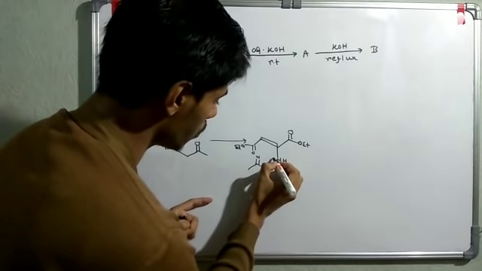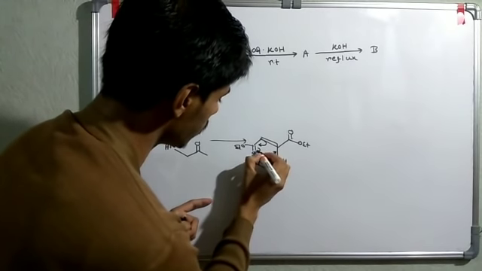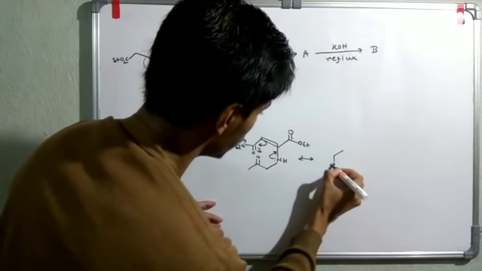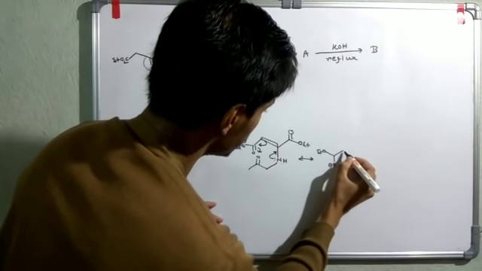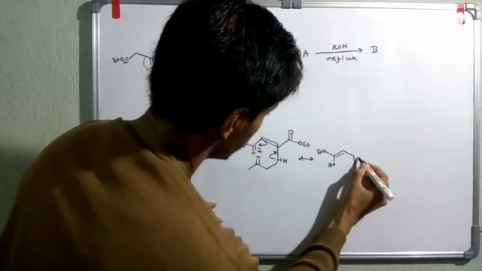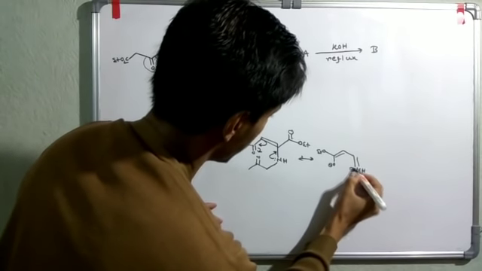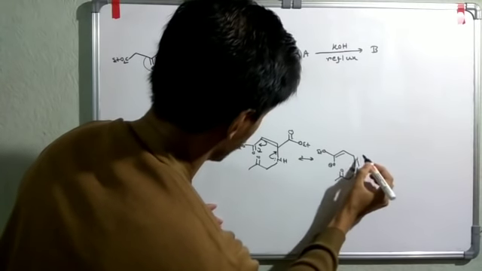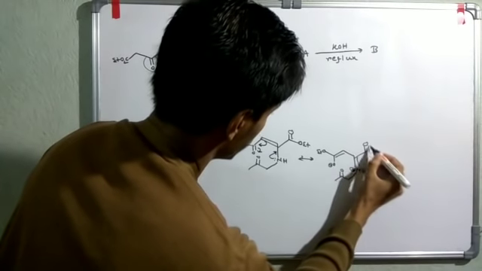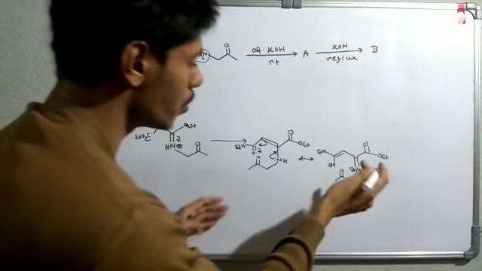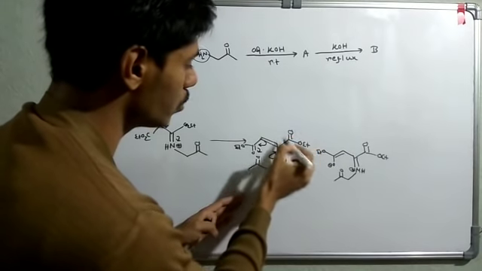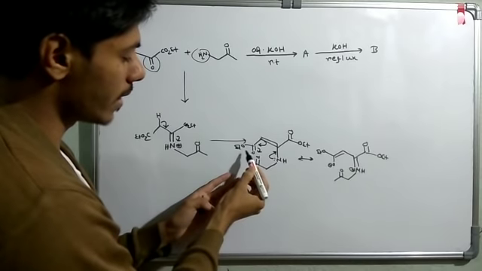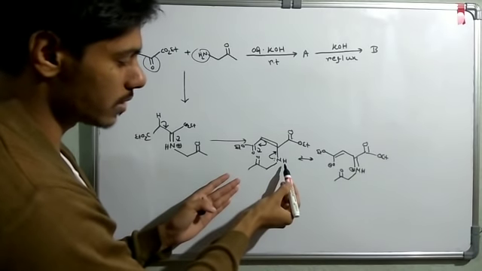Because you can push a lone pair like this into this ester, so it will have a resonating structure like this, with NH plus here. But you cannot push the same type of arrow into this other ester group. So this ester group is not in conjugation with the nitrogen lone pair, whereas this ester group is in conjugation with the nitrogen lone pair.